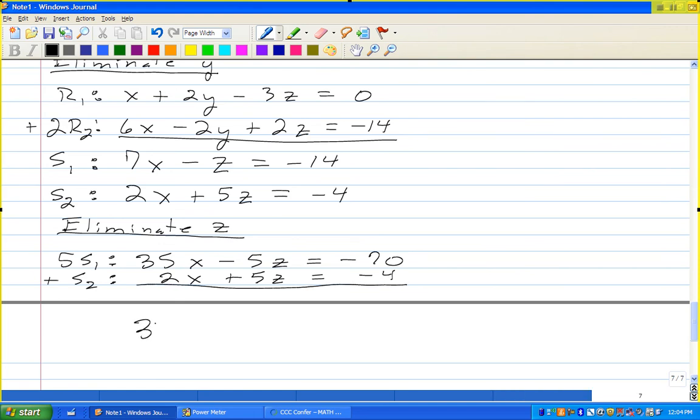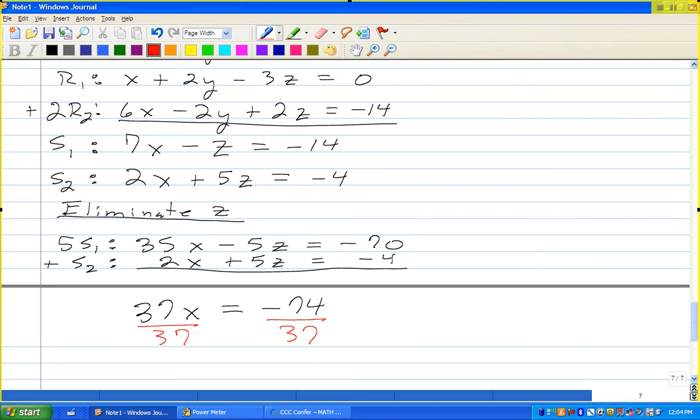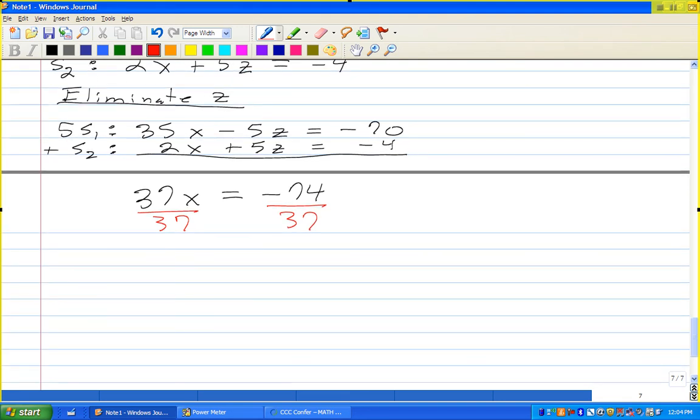So I get 37x, the 5z's cancel, equals negative 74. Divide both sides of your equation by 37. And so I get here that x equals negative 2.